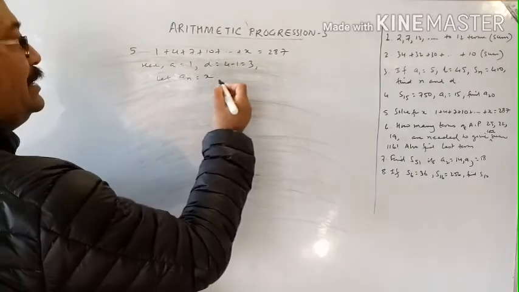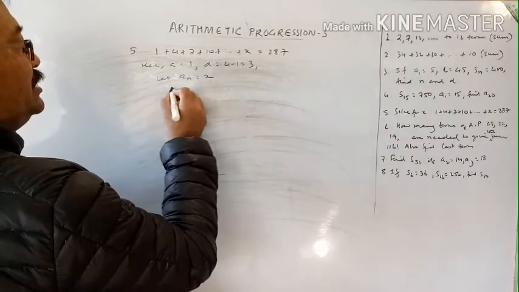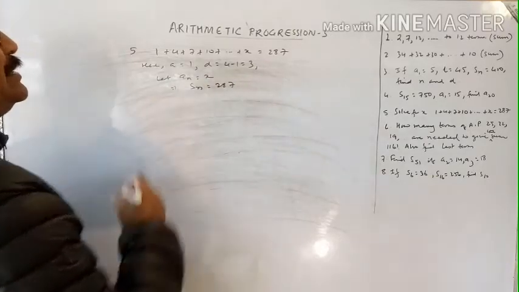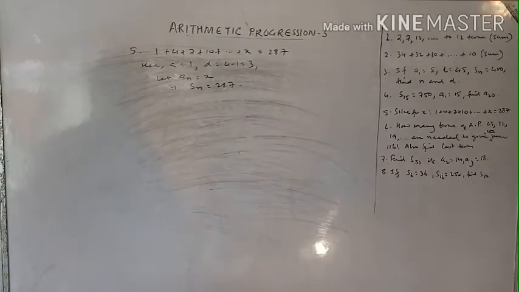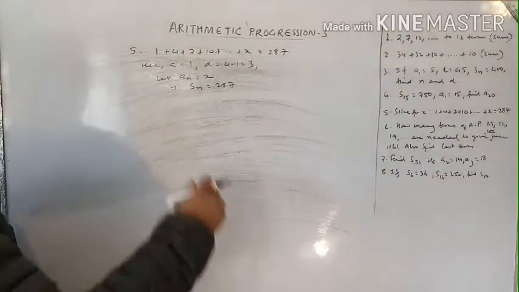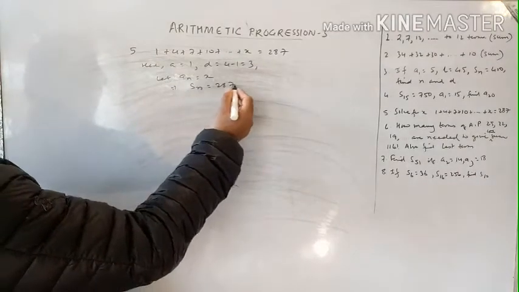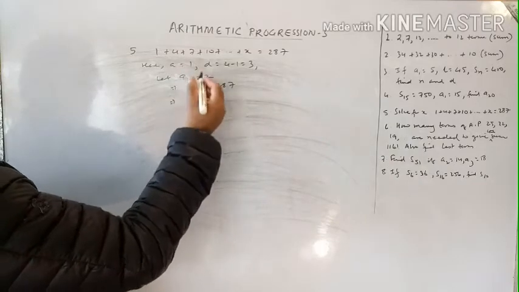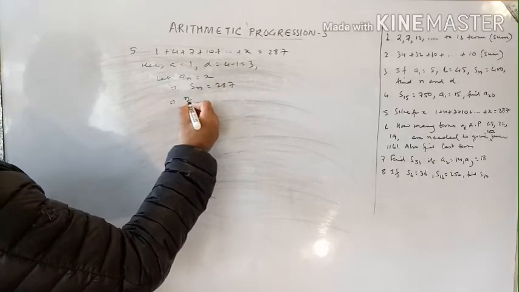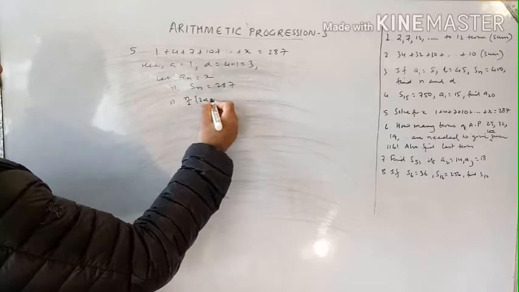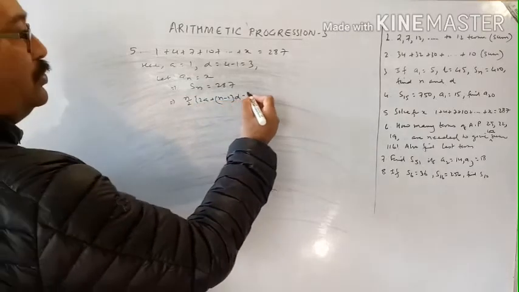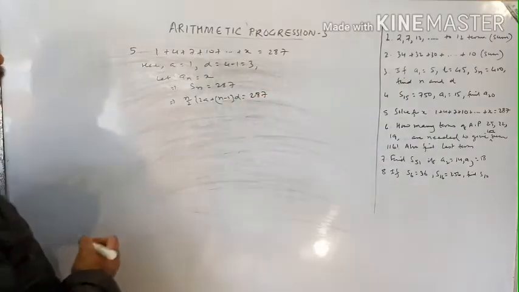Okay, and this implies Sn equals 287. Now Sn equals 287, we don't know n, so the formula is n by 2 into 2a plus n minus 1 d equal to 287.